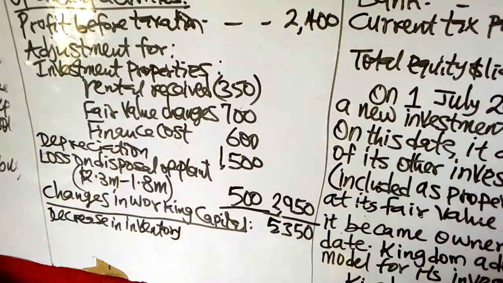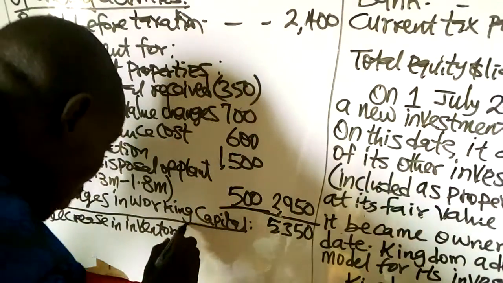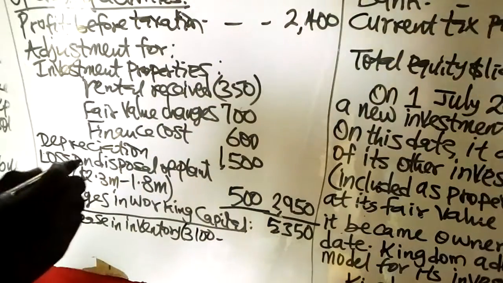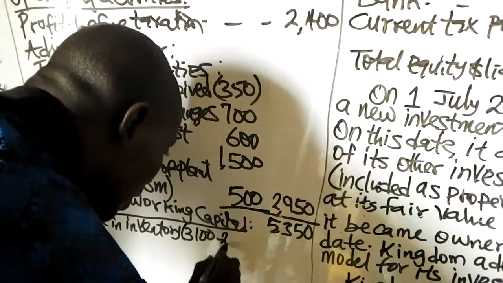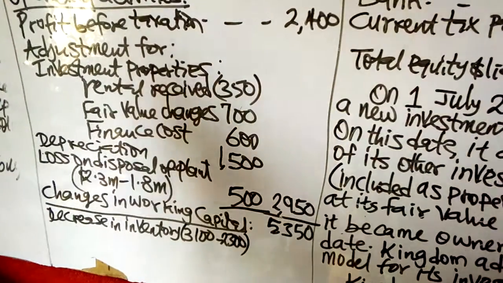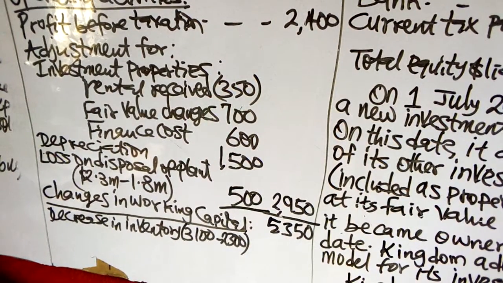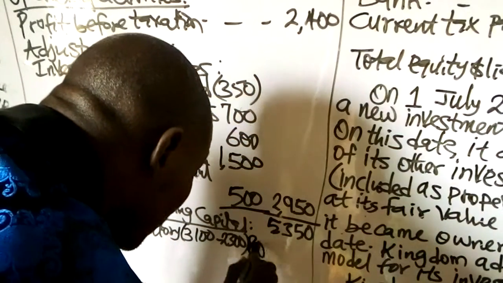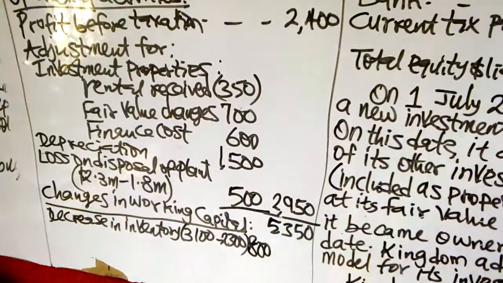Decrease in inventory is 3,100, which is the opening, minus the closing, which is 2,300. So 3,100 minus 2,300, then you have the difference of 800. That is inventory.